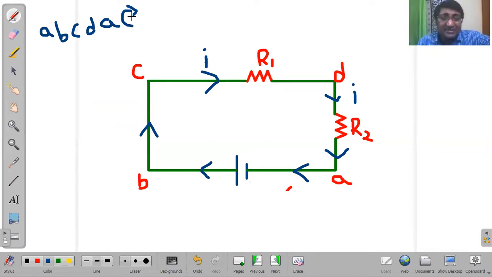Or we have another choice, guys. That's an anti-clockwise direction starting from A, then we go to D, then to C, then to B, and then to A. Okay. We have two choices to run. We can take any path of your choice, but take only one path.